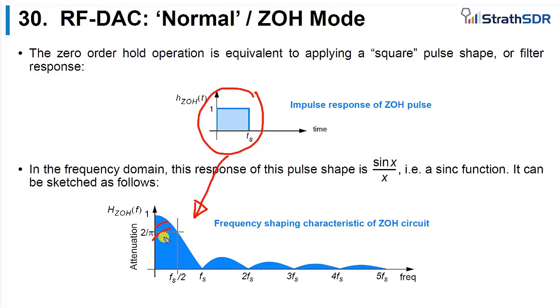My energy is definitely there in the 0 to fs over 2 band. It is attenuated a little bit, and 2 over pi is in fact about 0.6. If you want that in dBs, that's about 3.92 dBs. So there is some attenuation here, but that's okay. We can fix that in a moment, or it might be of a level that it doesn't actually cause a concern.